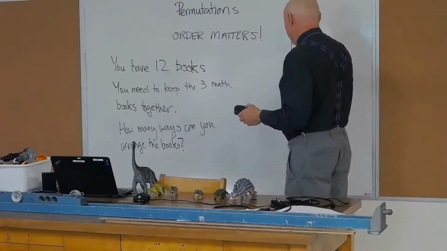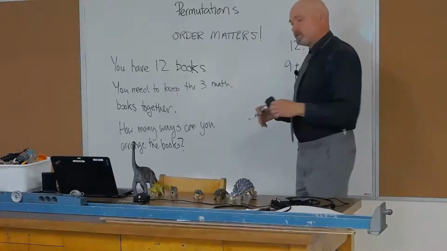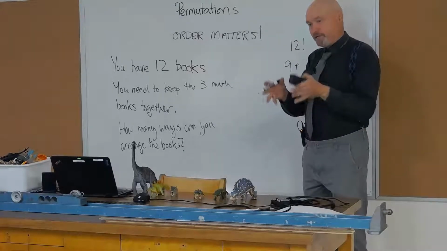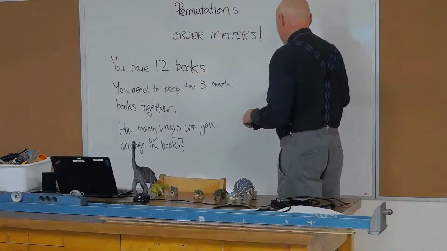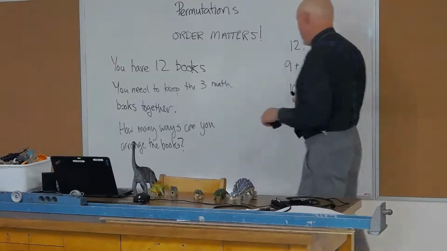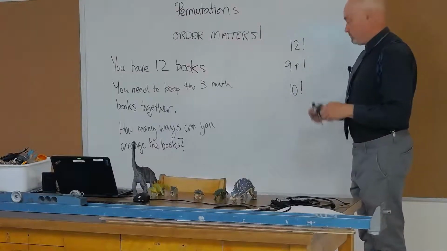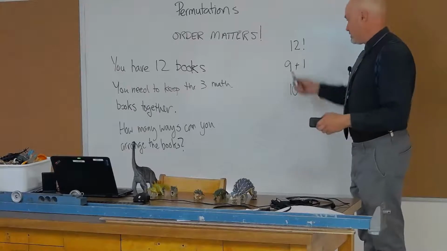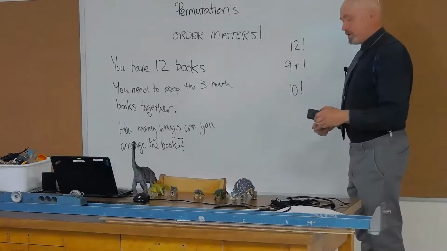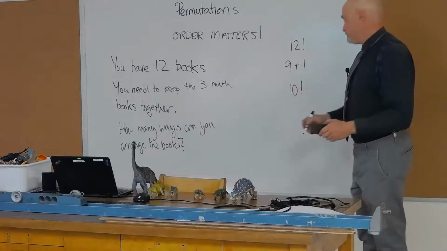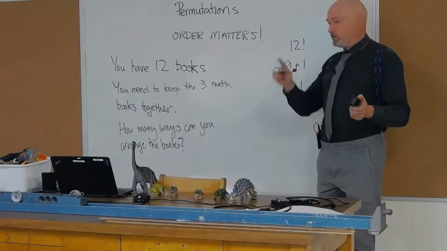This is like as if we have 9 non-math books plus, this is the way we're going to treat it, 1 single place for the math books, okay? So this is kind of like having 10 factorial ways to arrange those books. 9 ways to arrange all the non-math books and 1 more way to arrange the math books. So that's easy, 10 factorial, but you're not done.